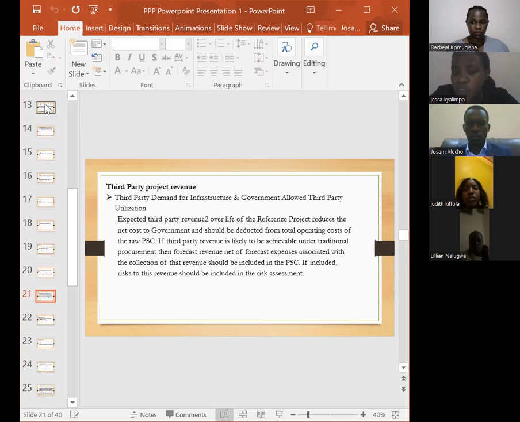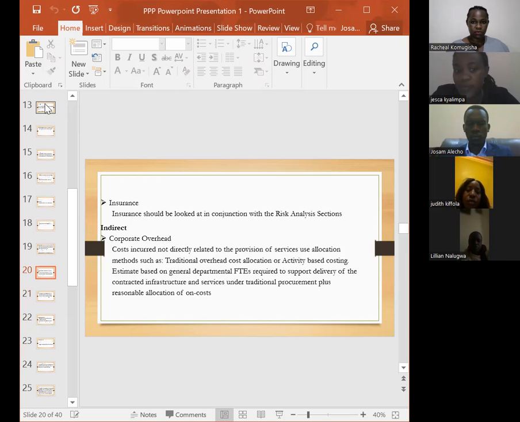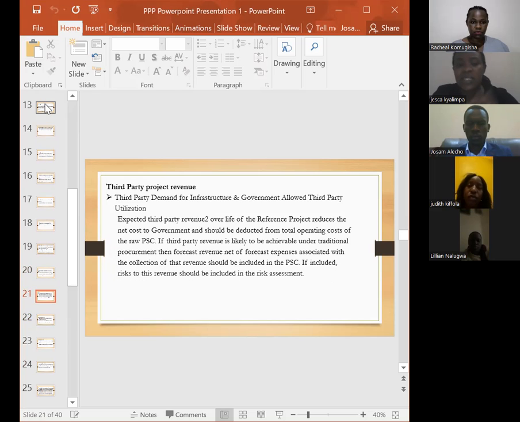Where the reference project involves the disposal of assets, the present value of the income less disposal cost must be deducted from the raw PSC. And lastly, but not least, is the procurement costs. All costs that are involved in the logistics of carrying out this project should be considered. Those are a number of elements that should be considered when estimating the capital and operating costs.